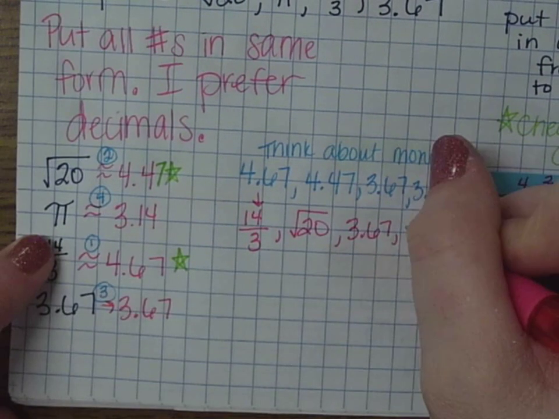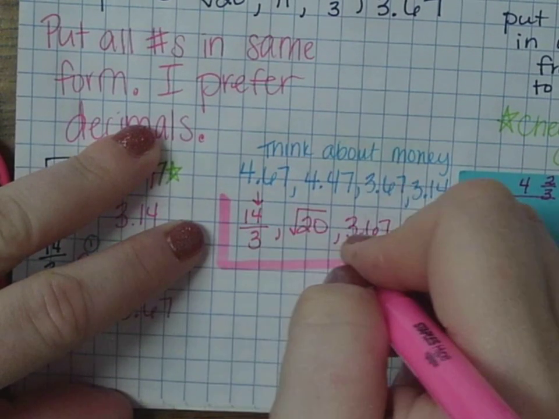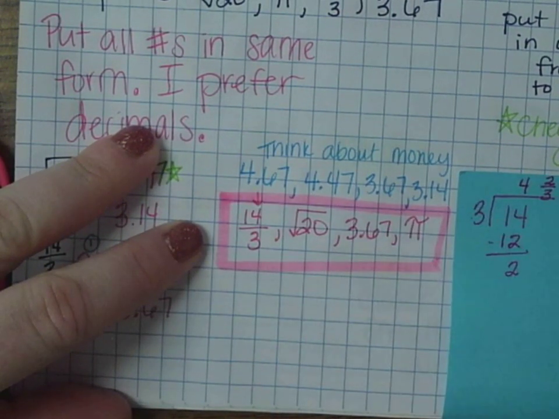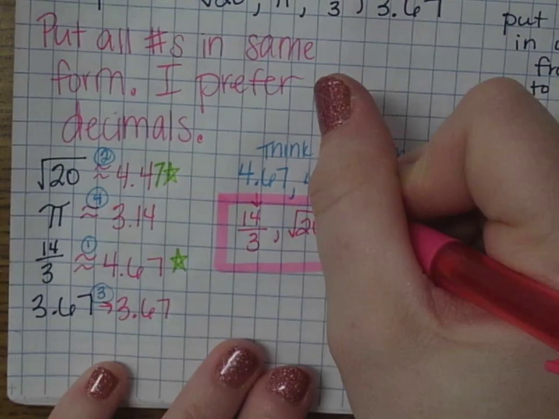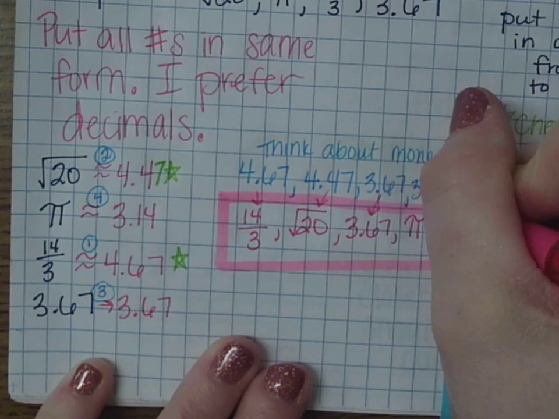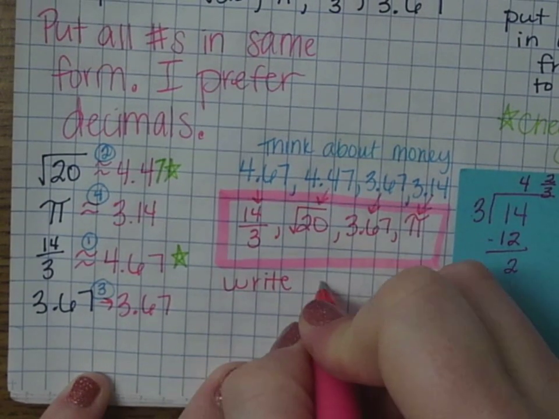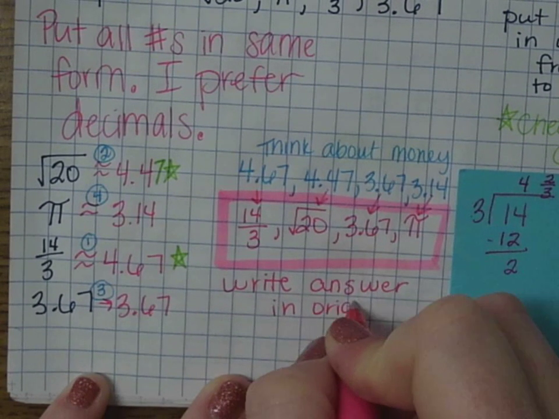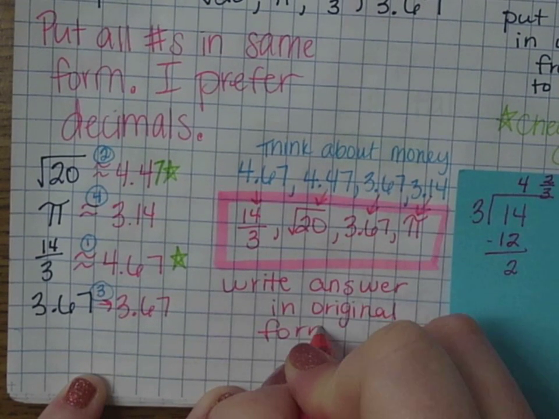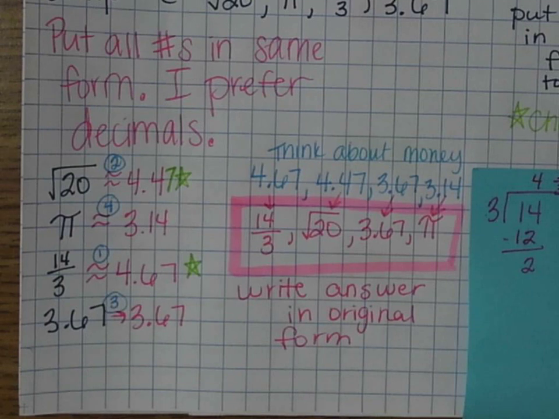And then 3.14, the original form, was pi. So this is your answer. I just rewrote each one back in the original form. Write the answer in original form. Okay, so that would be how to compare and order numbers.